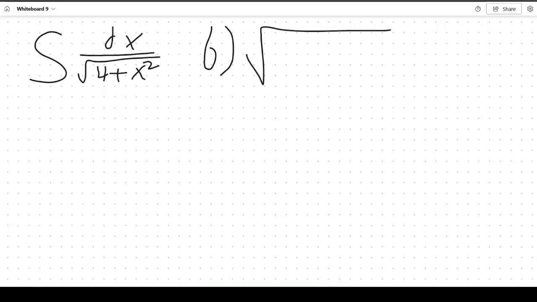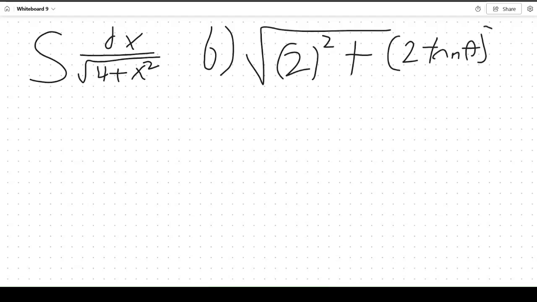So a squared plus x squared would be 2 squared, and if we square these, it would be 4 plus 4 tan squared theta.